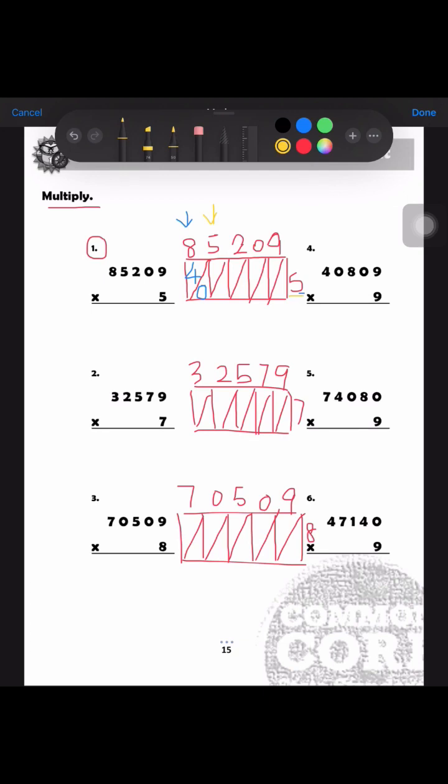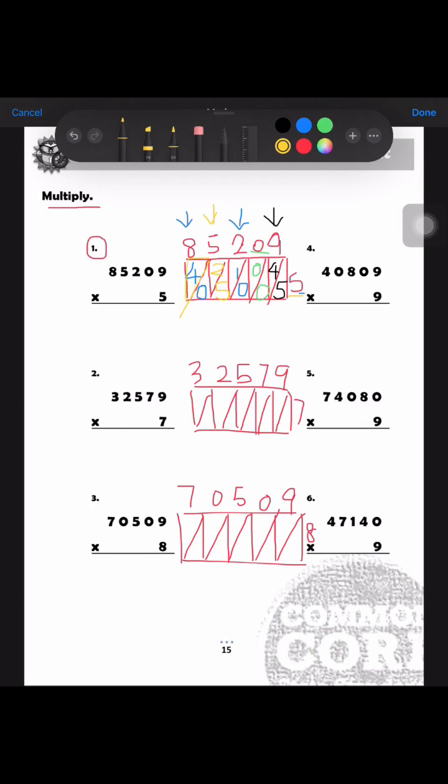So 5 times 5 equals 25. So we put 2 and 5. Next we find 2 times 5. So 2 times 5 equals 10. So 1, 0. And then 0 times 5 equals 0. So 0, 0. And then 9 times 5 equals 45. So 4, 5.